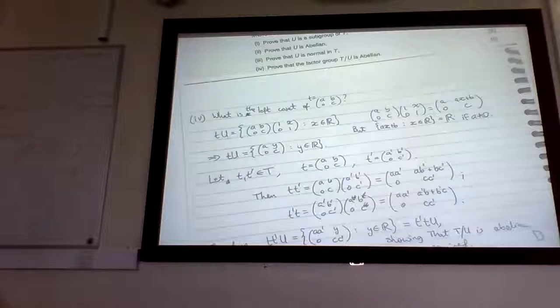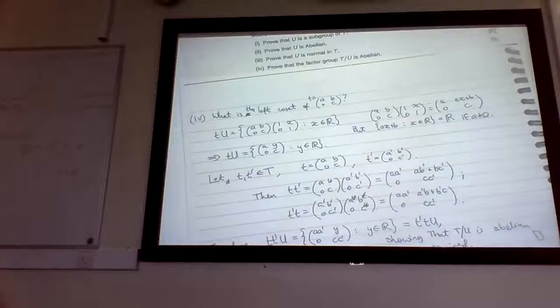So if you specialize to a factor group, it means you take any two elements from this group and they must commute. Well, what do elements of this look like? Elements look like a left coset T1 U, and a left coset T2 U. By definition, that product of cosets means the coset corresponding to the product element T1 T2.